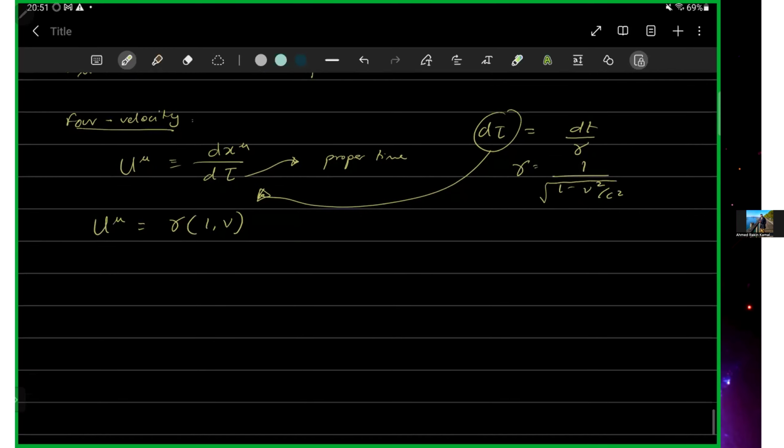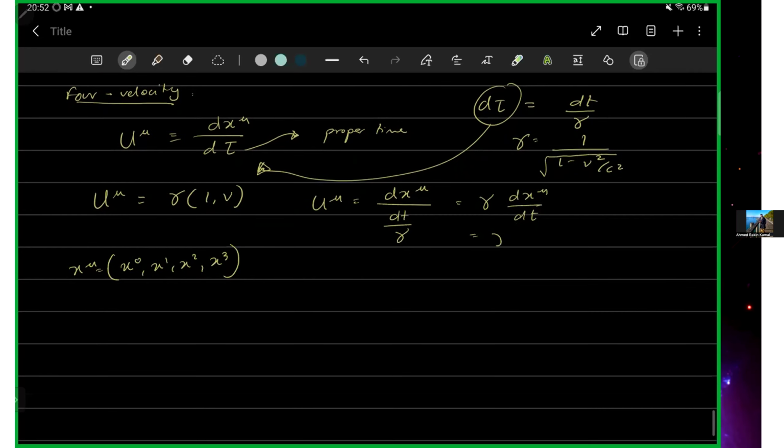And from here, if we write u mu, then this just means that I would have dx mu by this whole expression downstairs in the denominator. So I would have something like gamma dx mu by dt. And x mu obviously has components x0, x1, x2, x3, something like this.